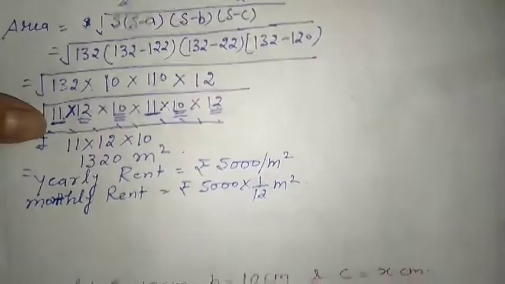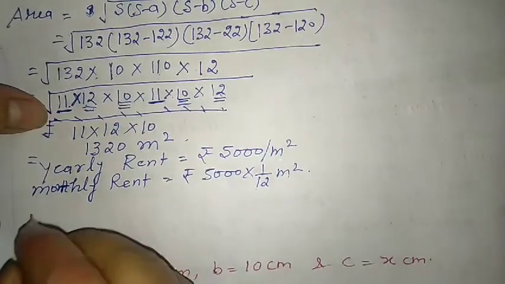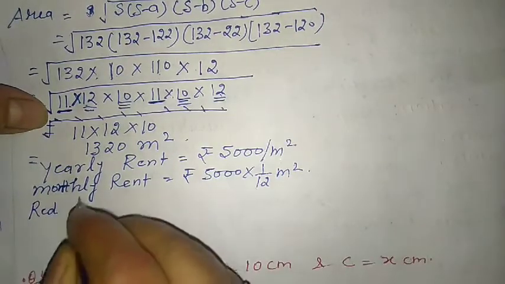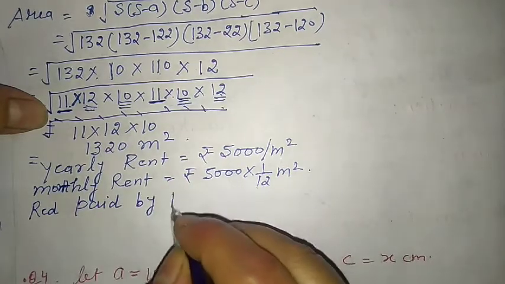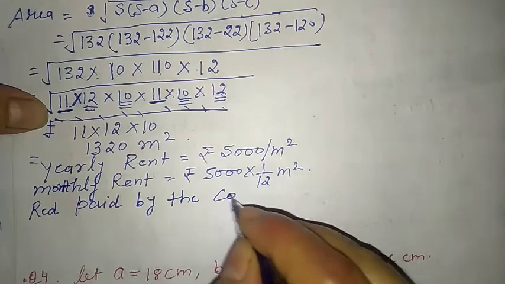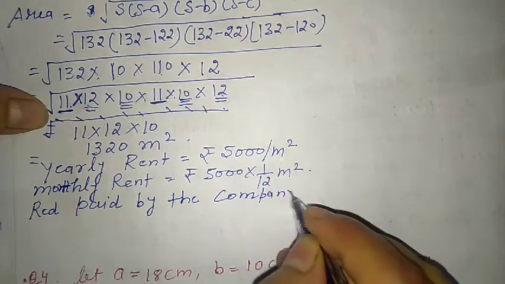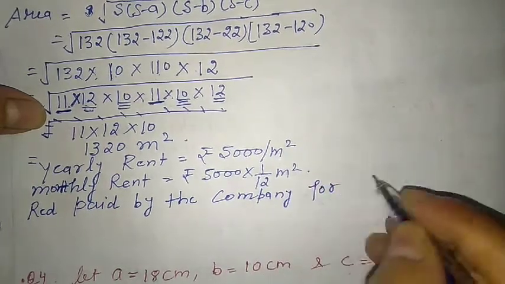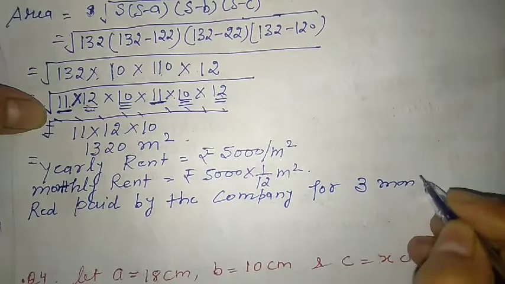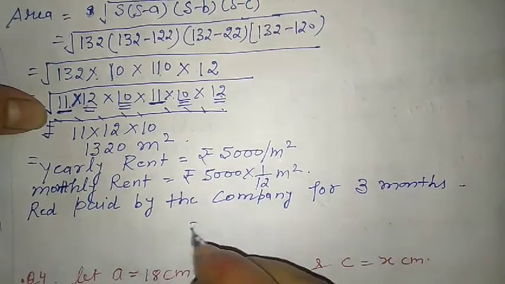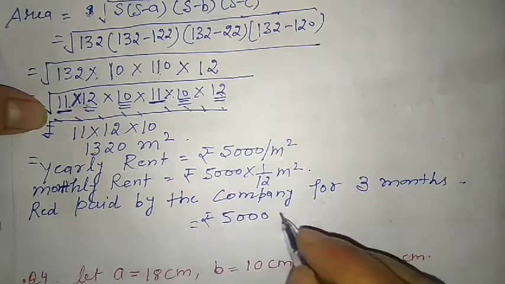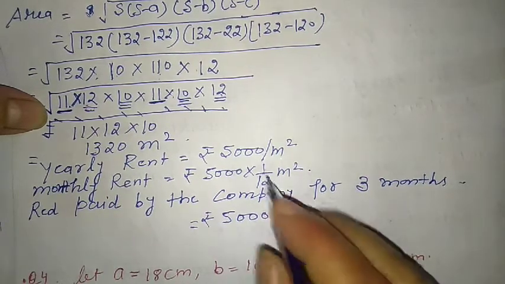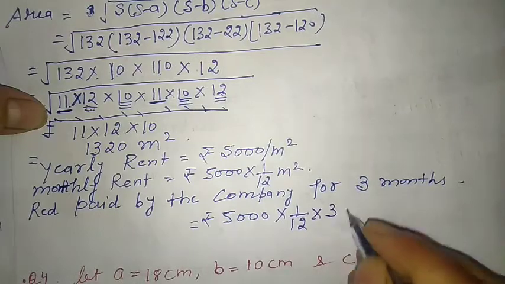The rent paid by the company for 3 months is equal to 5,000 into 1 upon 12, multiplied by 3, for 1320 meter square.